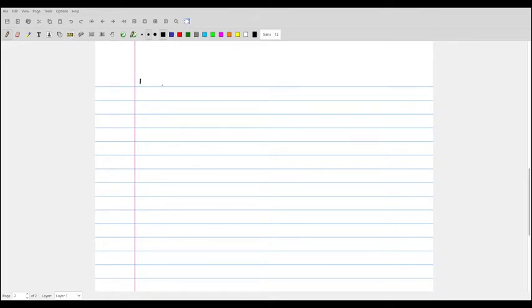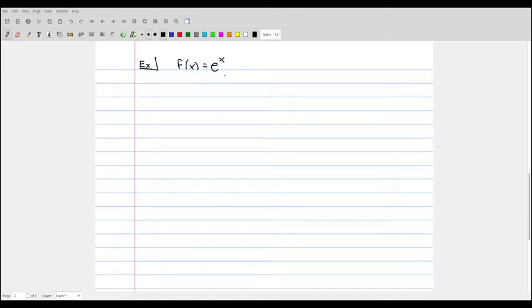So let's start with a relatively standard example. We'll look at the function e to the x, and we'll do this around the expansion point of 0. So the center of the power series is 0.